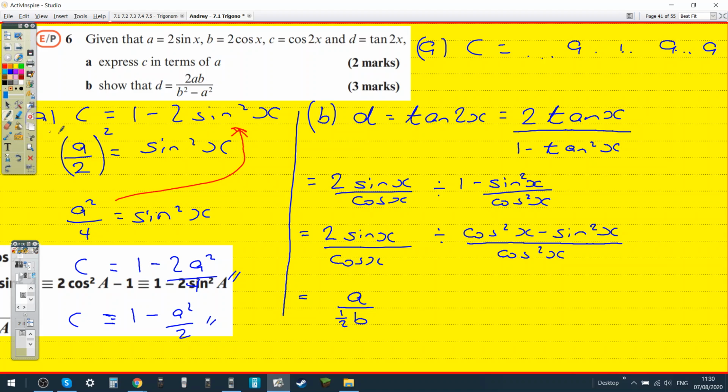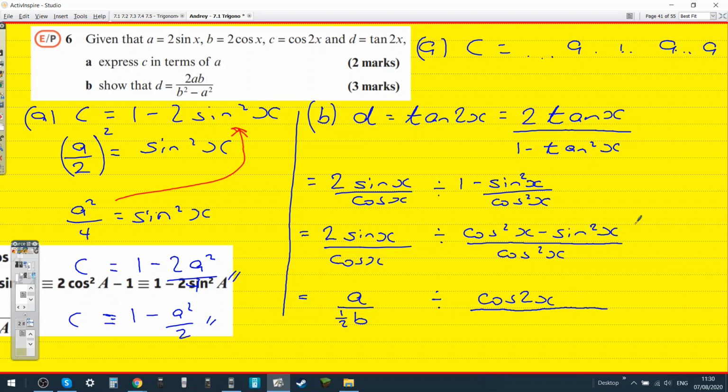So that's divided by cos 2x over half b squared. Yep. Squared. Okay, what is next?